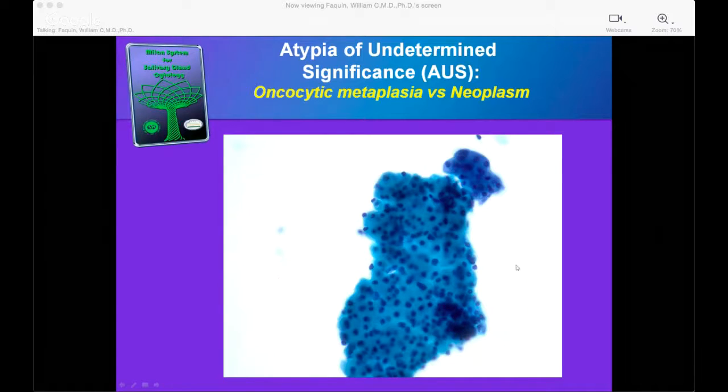If this were admixed with benign salivary gland elements, your differential diagnosis could be between an oncocytosis, which is a very common process, especially in older individuals, versus a true neoplasm, such as an oncocytoma or some oncocytic variant of another type of neoplasm. So if you're not sure if it's a neoplasm or not, you would place it into this AUS category.